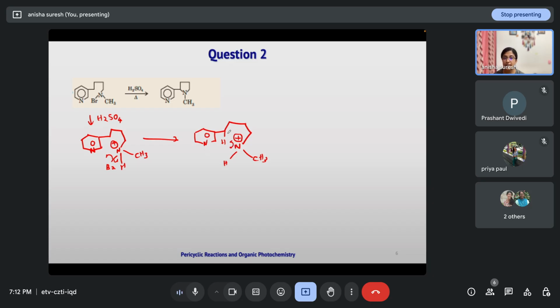So, it will abstract this hydrogen, leading to the formation of radical here. Then this radical can recombine with the bromine radical. Both these radicals will be recombining.